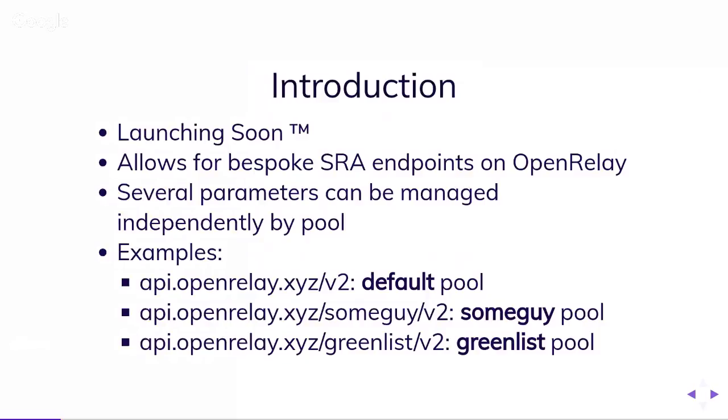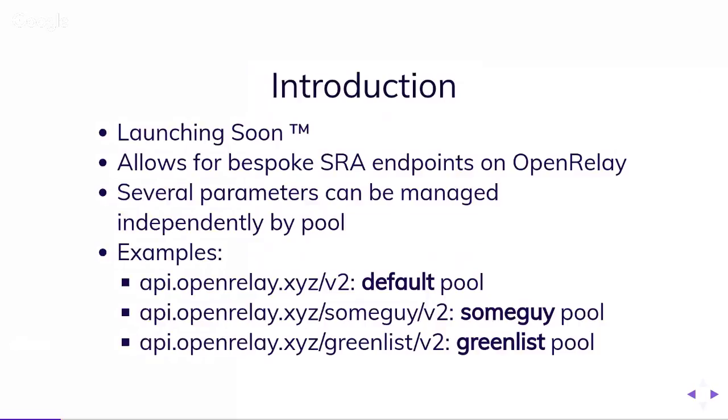So here we have api.openrelay.xyz/v2. That's our default pool, the same one that we've always had. But the way Pools was implemented, it turned our original API endpoint into essentially just a default pool, but it's still a pool.